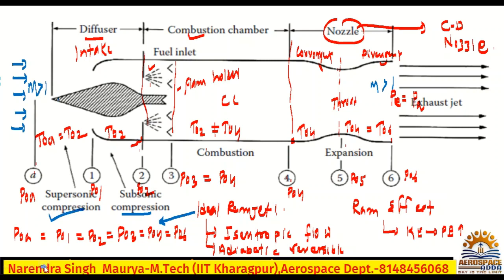Now, we'll go for the solution for this problem. They are asking for cruise speed. Cruise speed means aircraft speed, so we need to write VA.